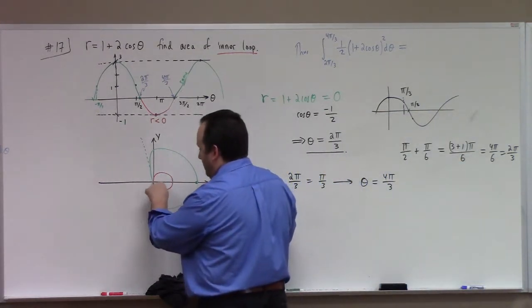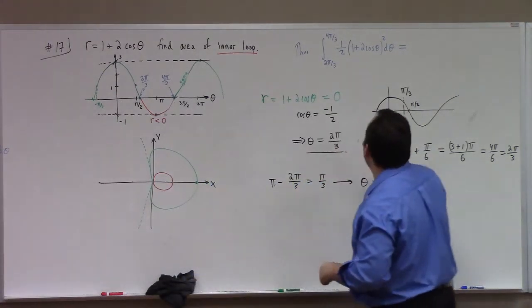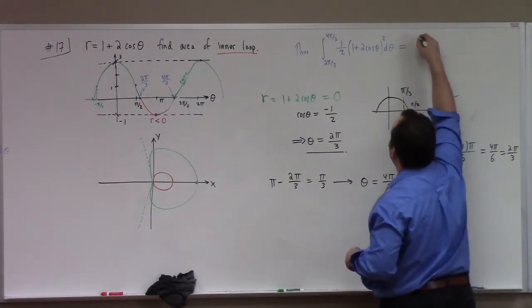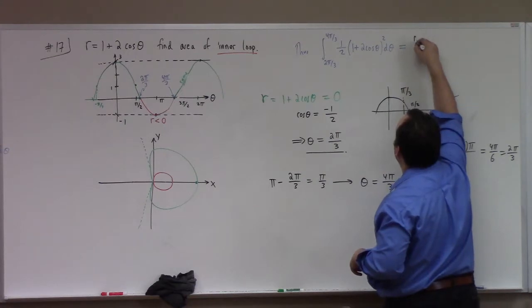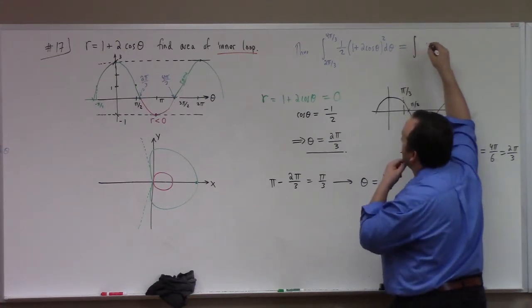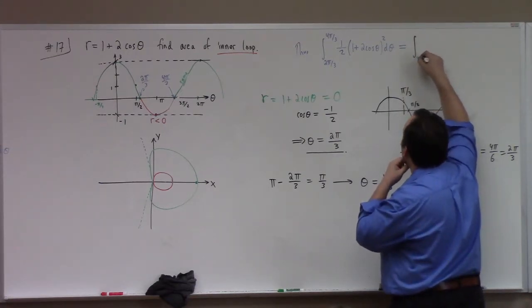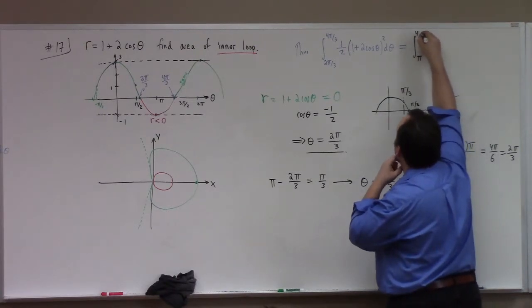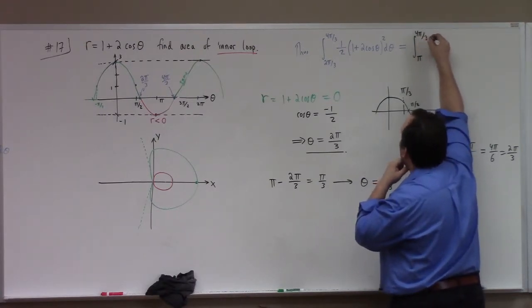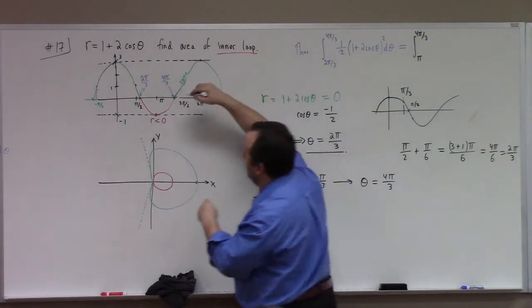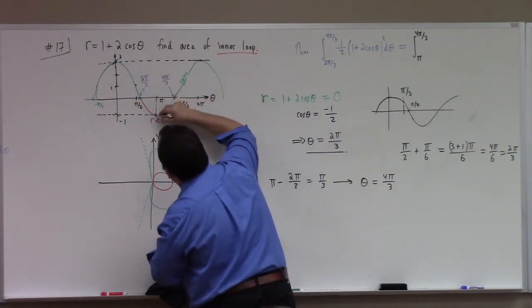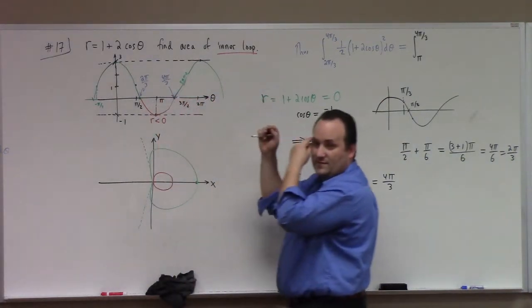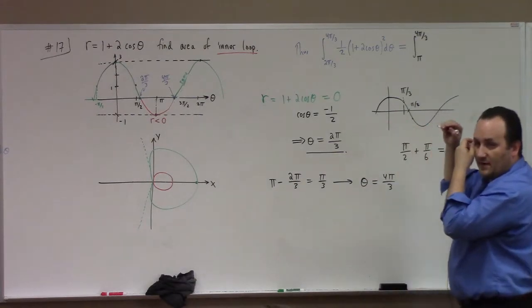One thing that would be a nice simplification, save us a little bit of work, would be to say this is really the integral from pi to 4 pi over 3, right?